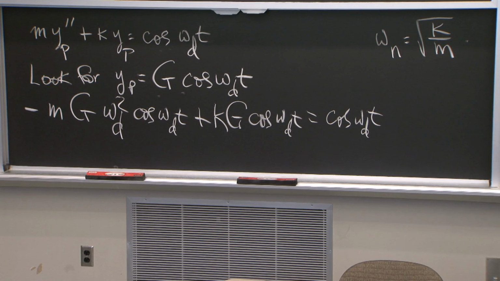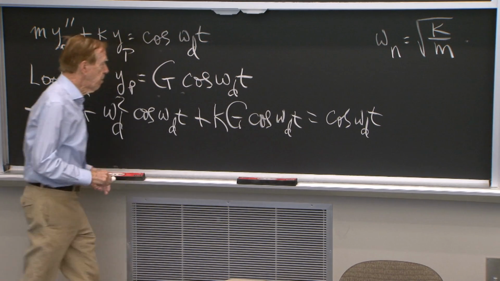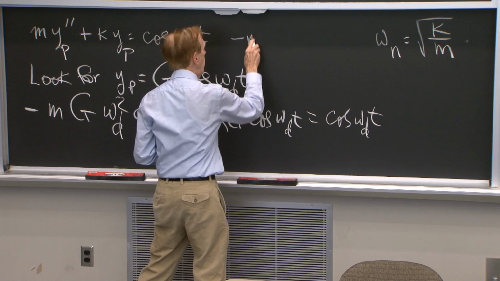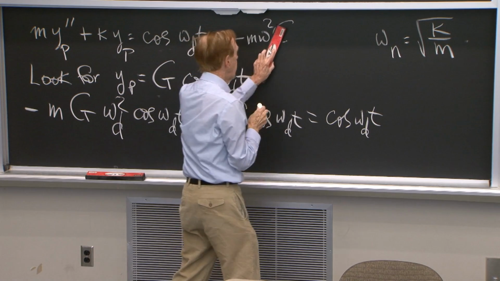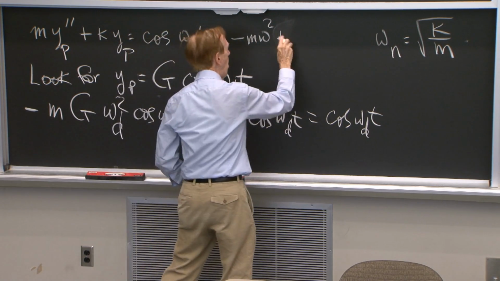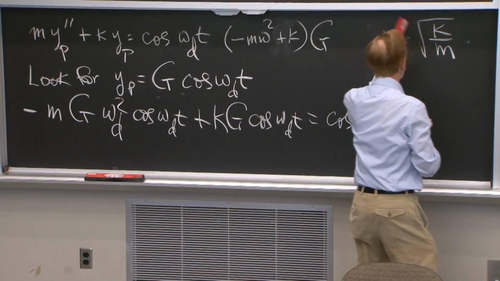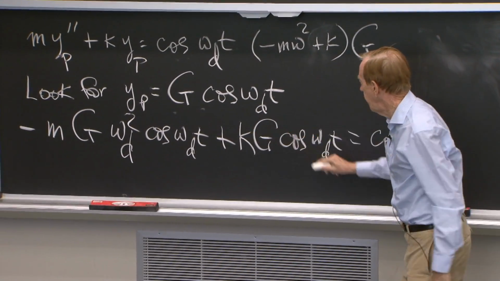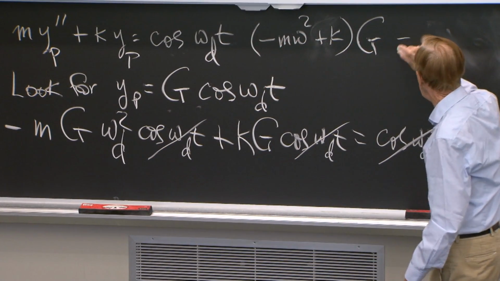Okay, so what do I do now? Everything is multiplying cosine, so I have minus m omega squared G plus k times G; G factors out. I cancel the cosine of omega t, so my right-hand side is 1.